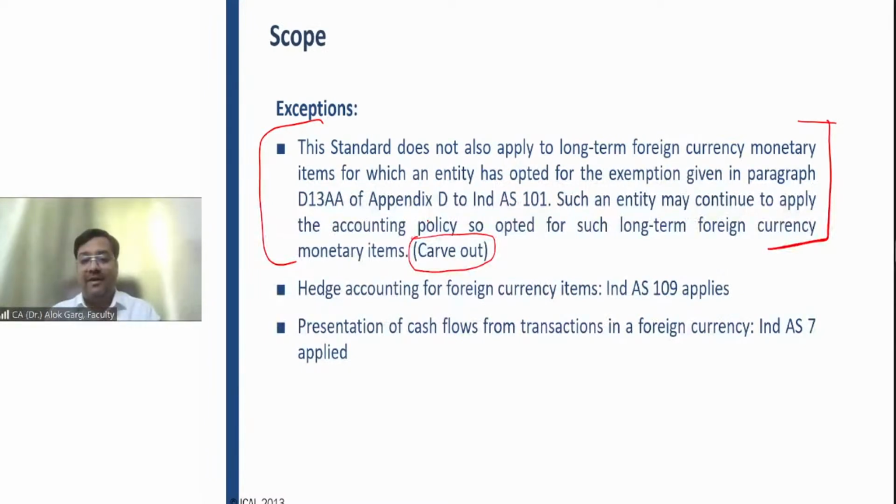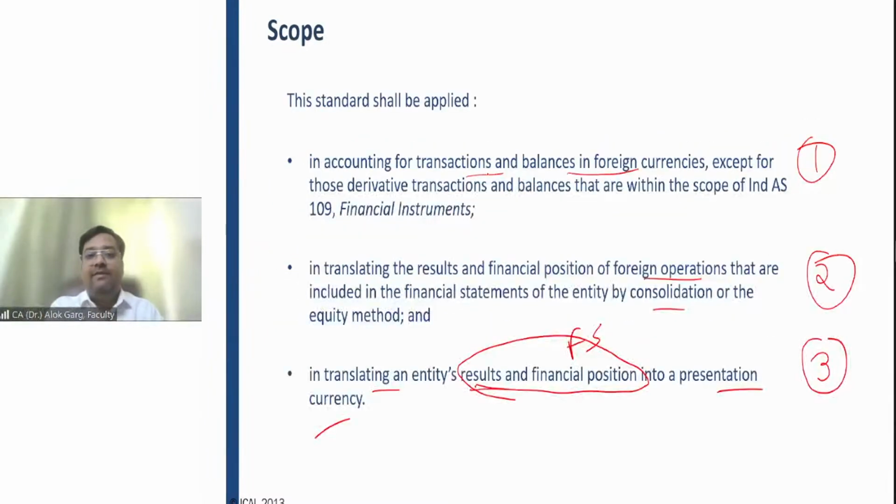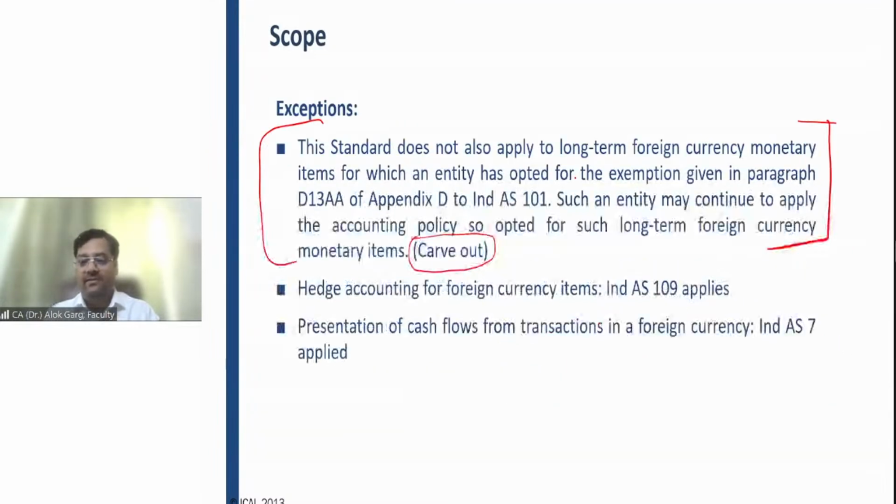Hedge accounting for foreign currency item. Like I have told you, if there are some foreign currency derivatives which are covered in Ind AS 109, then on those derivatives Ind AS 21 is not applicable. Ind AS 109 is applicable, right? So this is a carve out. This is not applicable.